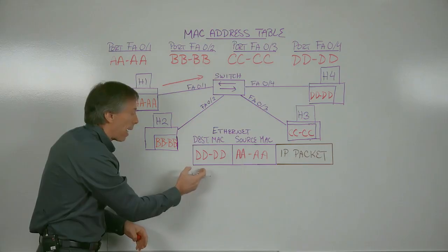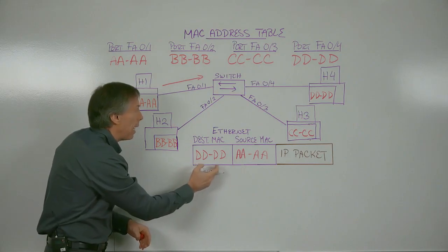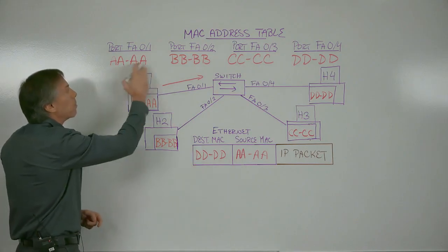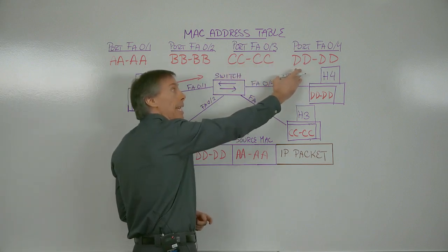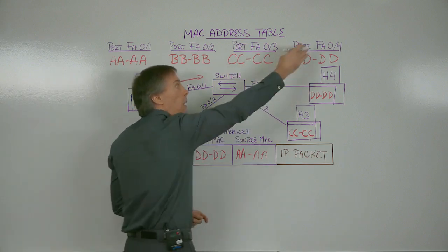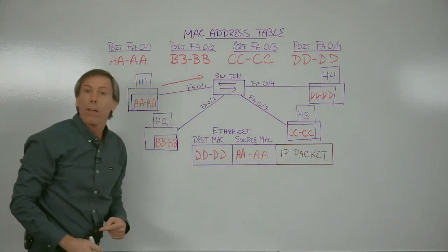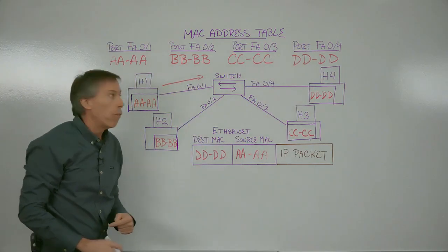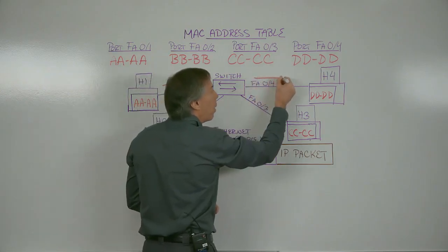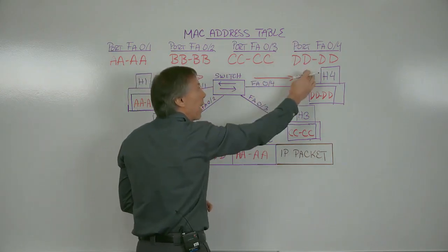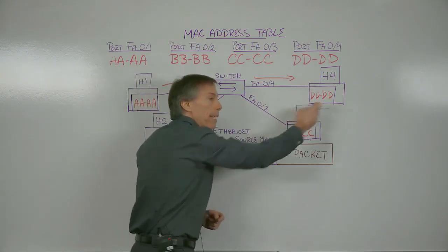The destination MAC address is DDDD. So it looks in its MAC address table for that MAC address, and here it is, DDDD, which is on port FA, Fast Ethernet 04. So the switch will forward this frame only out Fast Ethernet 04 towards the destination.